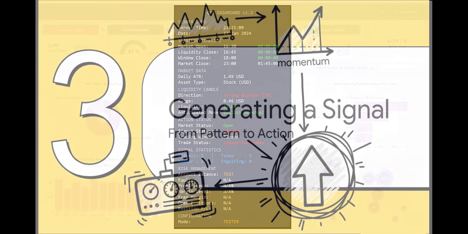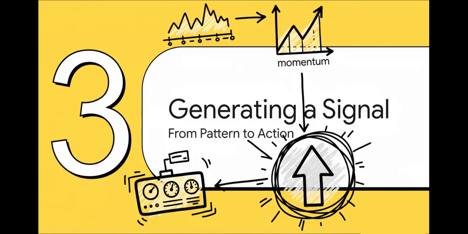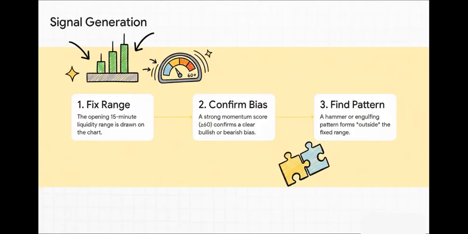All right, this is the moment. This is where the rubber meets the road. Let's see how all these pieces, the timeline, the score, the dashboard, actually work together to fire off a real, actionable trade signal. This is where all that theory becomes practice. So, here's the playbook, step by step. First, that opening 15-minute range gets locked in.